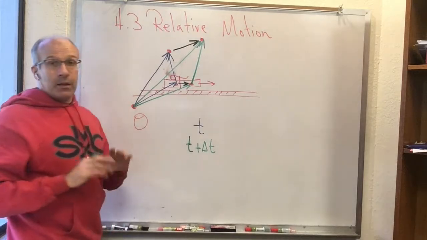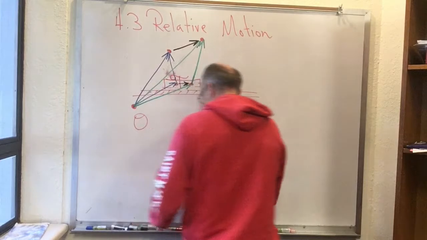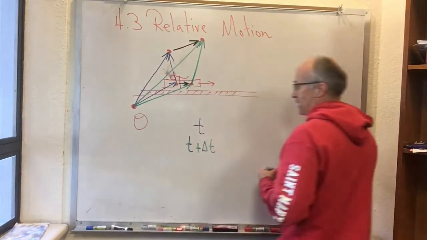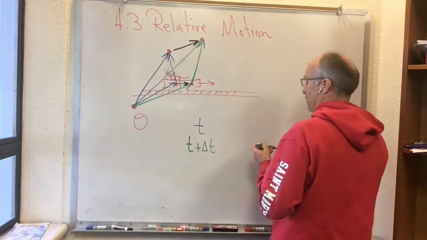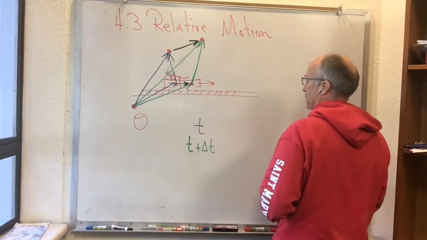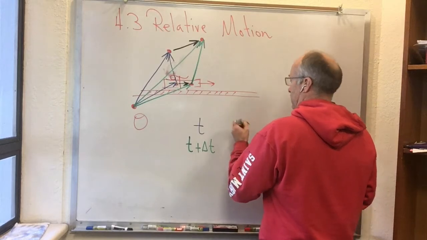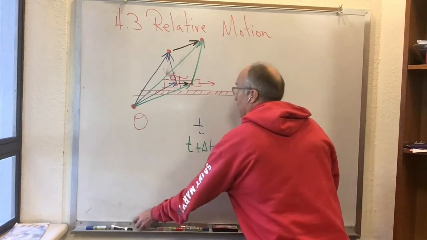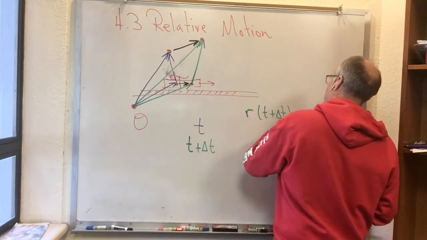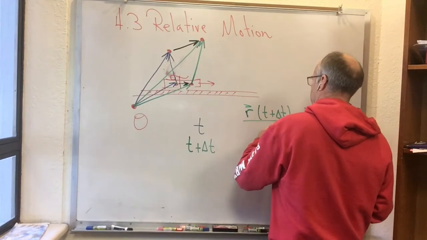Okay, now we have to figure out what you say the velocity is and what the person on the train says the velocity is. So you say, assuming this is all constant velocity type of problem, no acceleration, you say that the velocity is the green r at t plus delta t minus r at t over delta t.